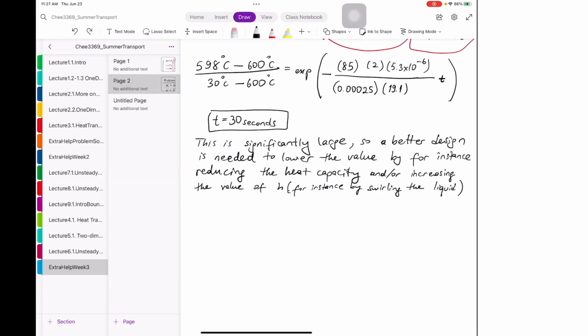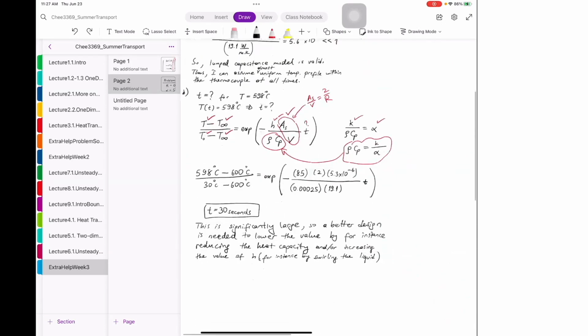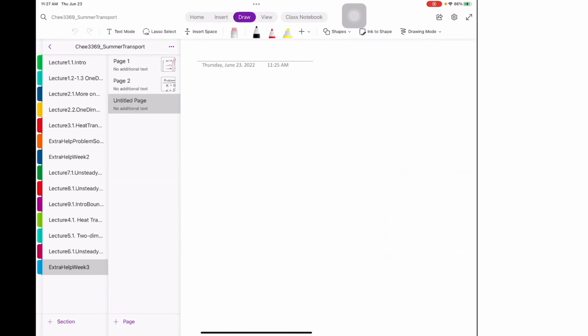So this is a design type of problem. So you basically come up with the correct material and correct operating conditions to get a suitable time interval for temperature estimation. So let's solve the second problem that I shared.